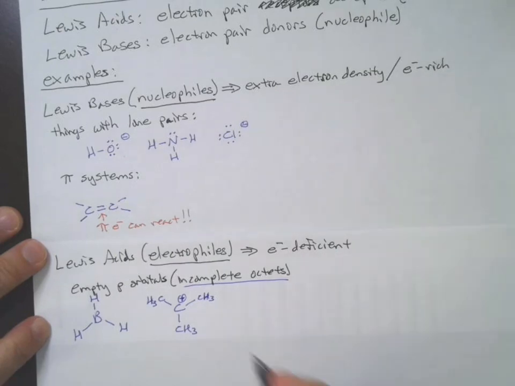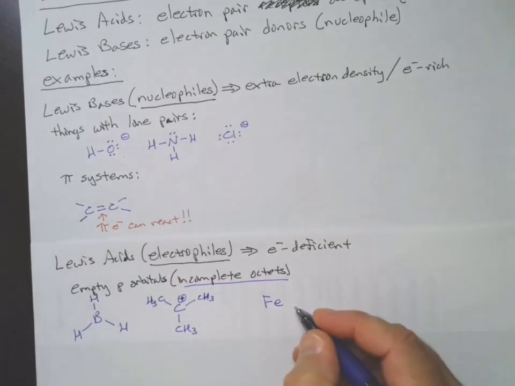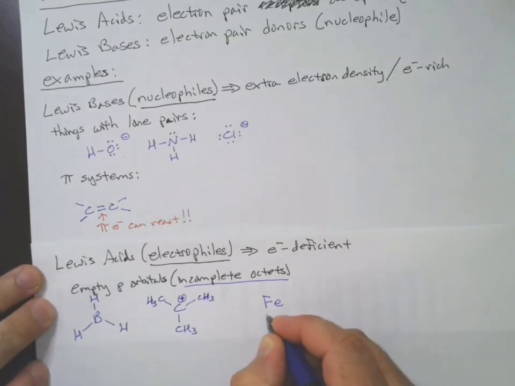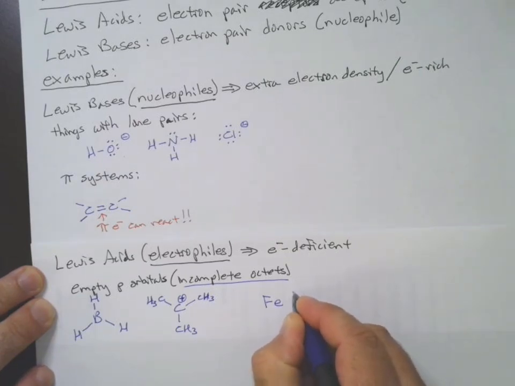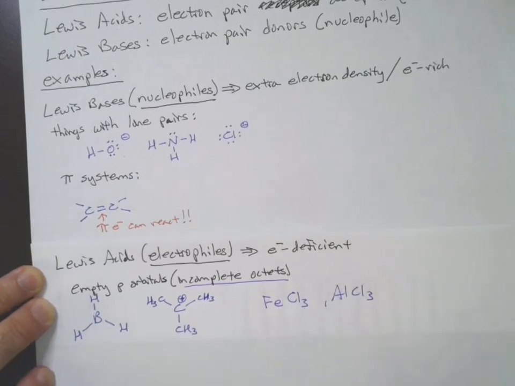Sometimes we can have metals. So something like FeCl3 would be one. So we'll just do FeCl3, AlCl3.